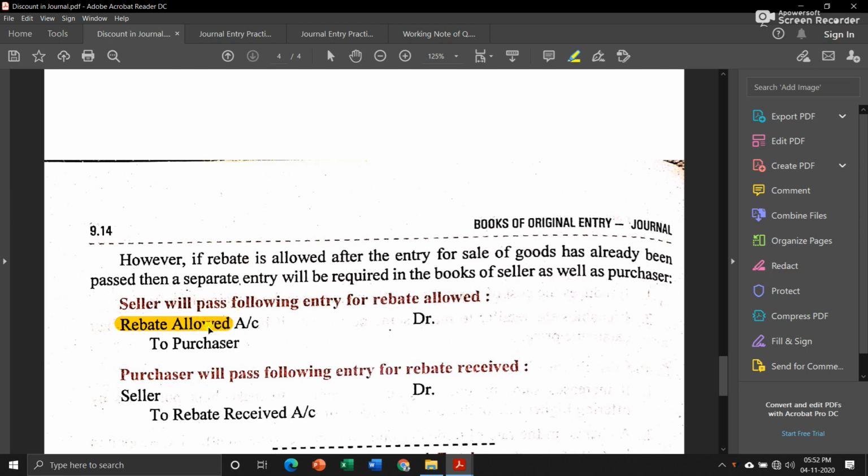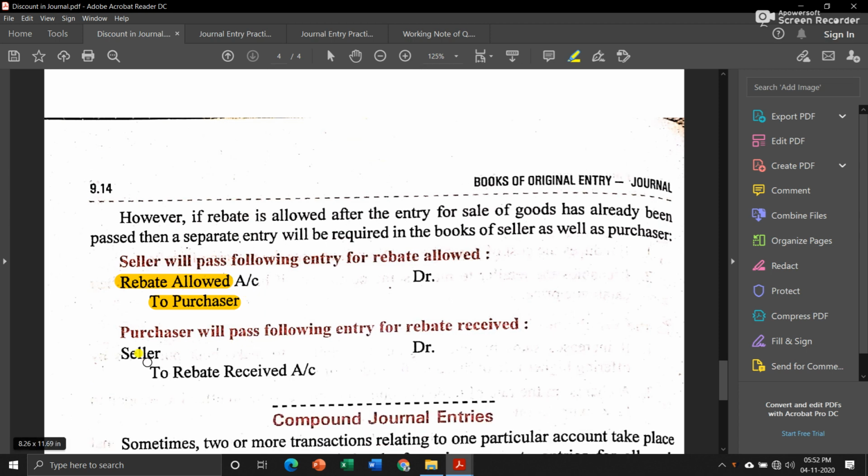So according to the nominal accounts rule, you will debit it and you will credit the purchaser's account. If you are the buyer, then you will debit your seller's account, and since you are receiving the rebate, that means it is a kind of gain for you, you will credit rebate received account.